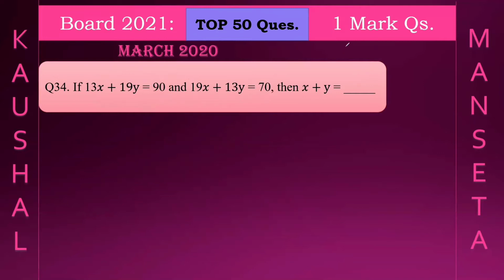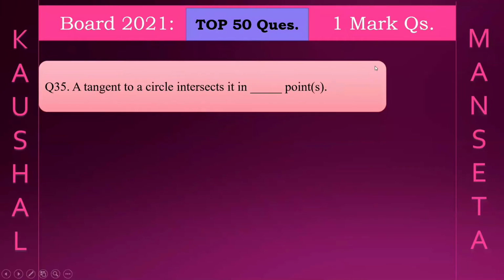Next, question number 35. A tangent to a circle intersects it in how many points? Suppose this is the circle, and we have to draw one tangent.